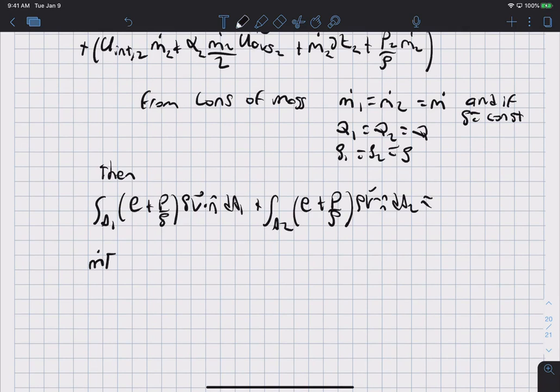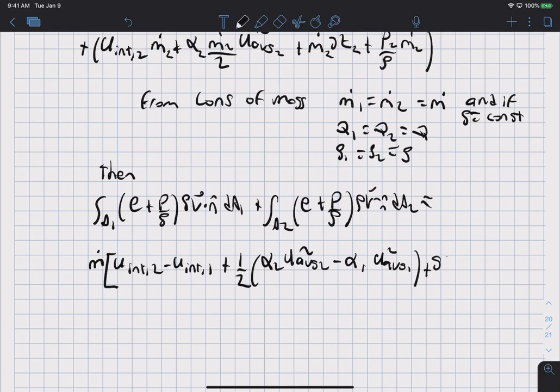m dot times u int 2 minus u int 1 plus 1/2 times alpha 2 times U average squared over 2 minus alpha 1 times U averaged, the average velocity at state 1 squared, plus g Z2 minus Z1 plus P2 over rho minus P1 over rho.